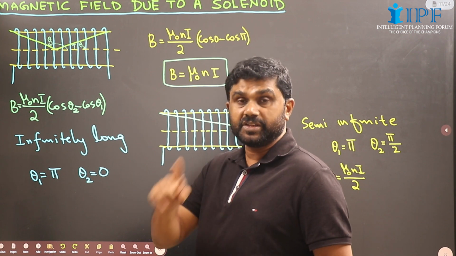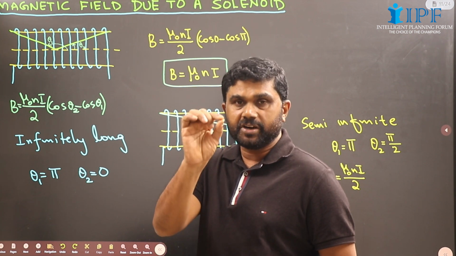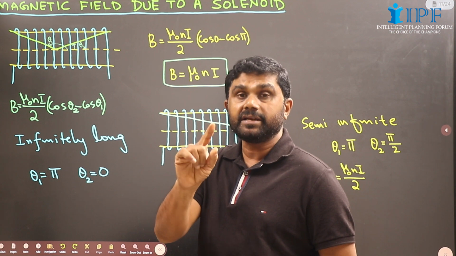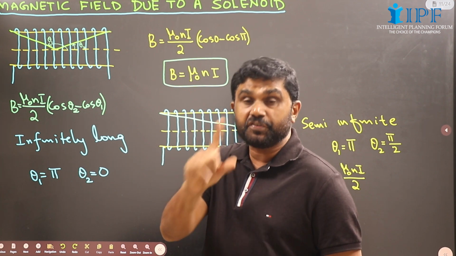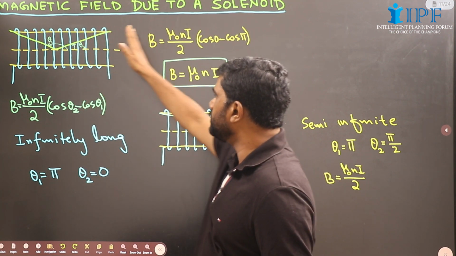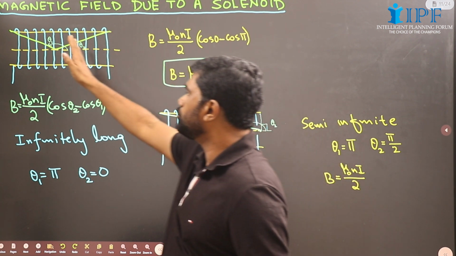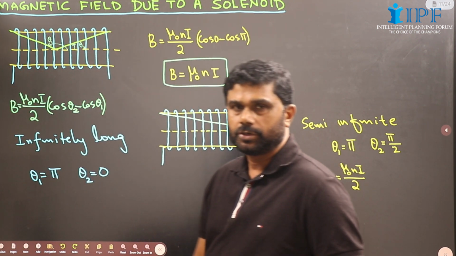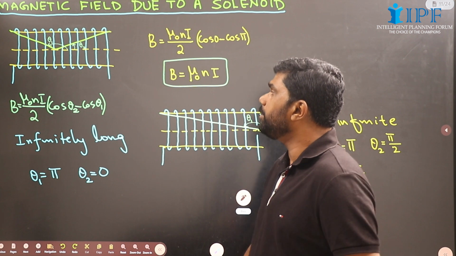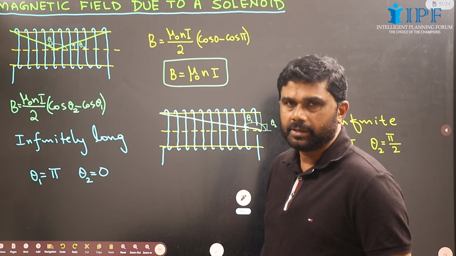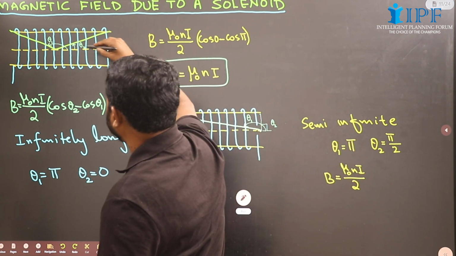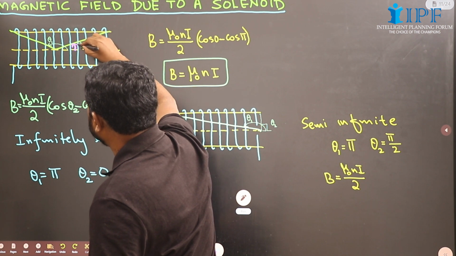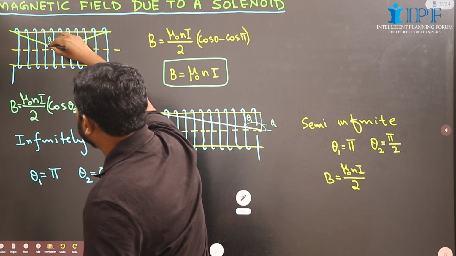Now if the point of observation is somewhere near its middle and the solenoid is infinitely long, meaning it goes to infinity on this side and on that side also, then theta 2 will become 0 and theta 1 will become pi. You can see I have marked theta 2 here, and this one theta 1.